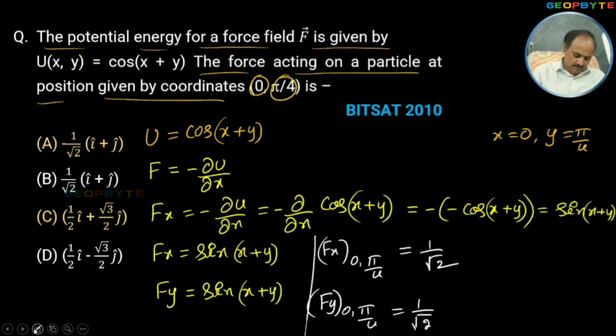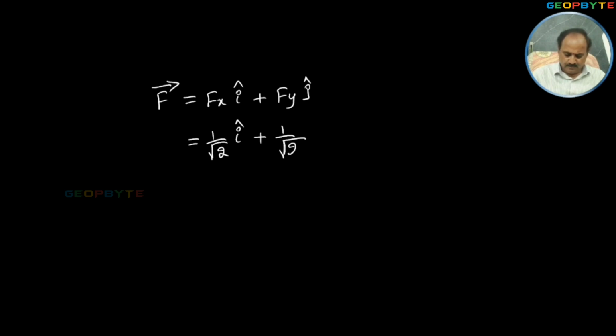Then the net resultant force is equal to F_x i cap plus F_y j cap. That is 1 by root 2 i cap plus 1 by root 2 j cap.